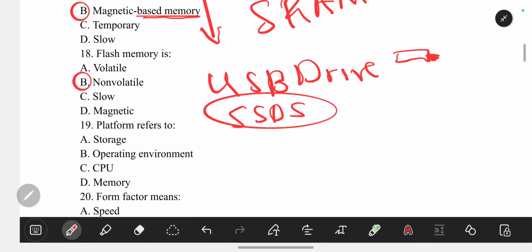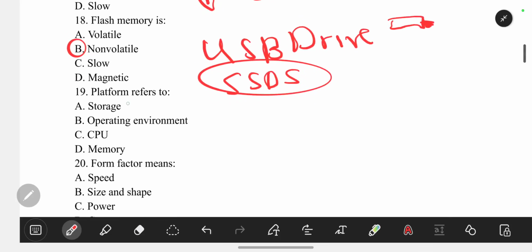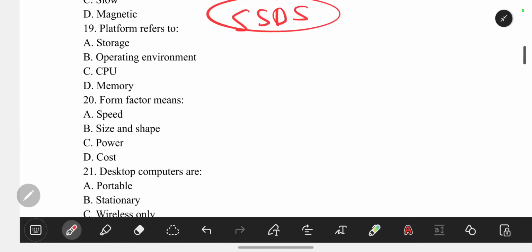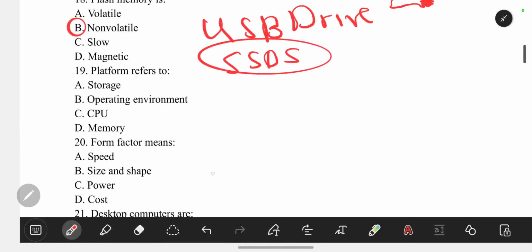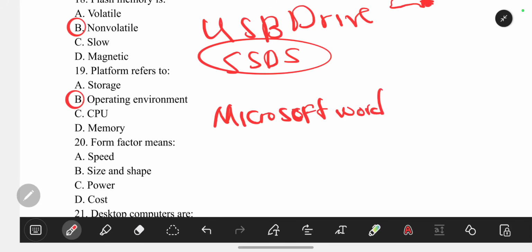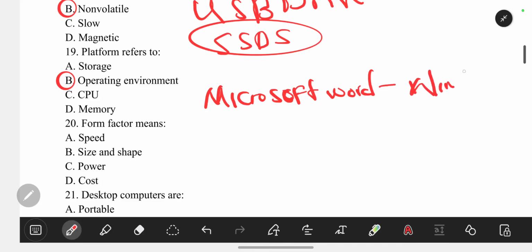When we look at our 19, a platform, just as the word entails, simply refers to an operating environment. Like, for example, if you're looking at Microsoft Word, the platform on which Microsoft Word works might be Windows.